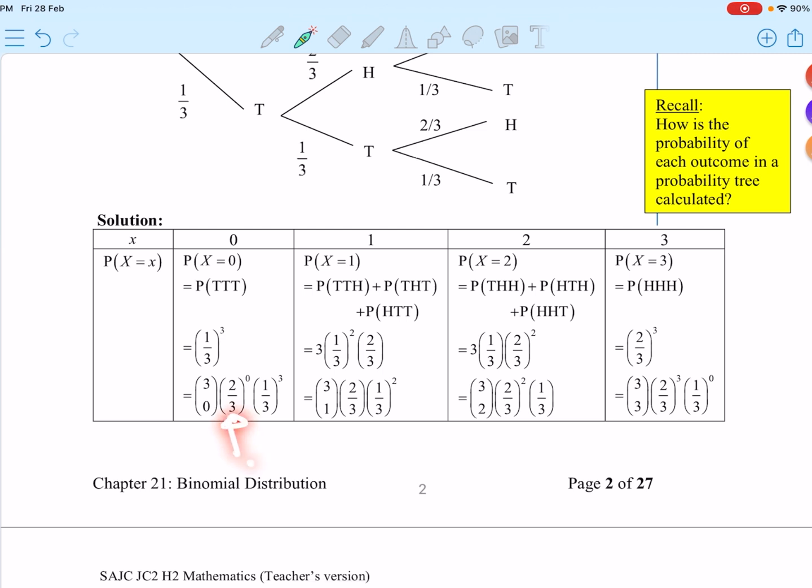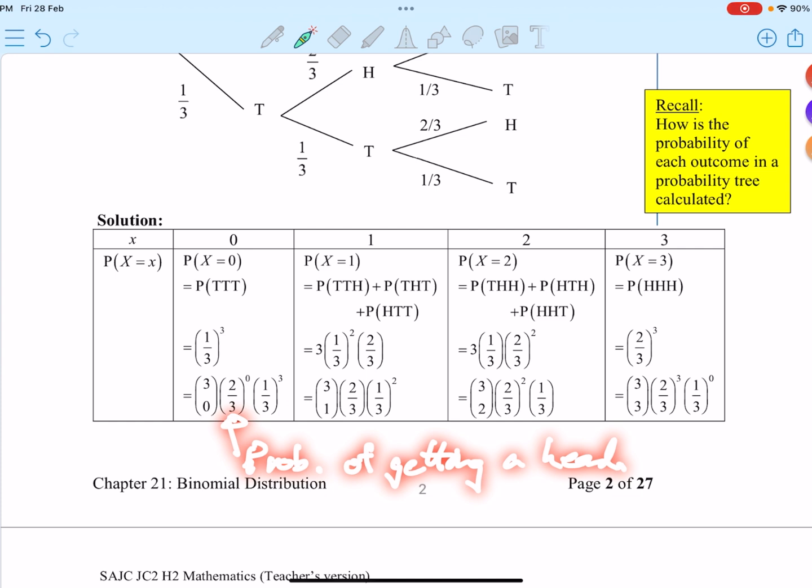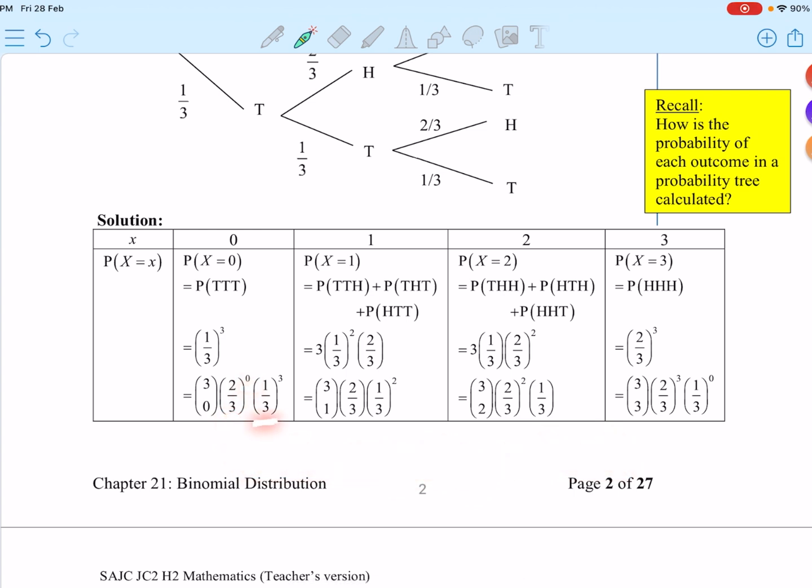The next one is 2/3, which is your probability of getting a head. In this case, there are no heads. It's 3 tails, so it is raised to the power of 0. The last one here is your probability of getting a tail. In this case, we have 3 tails, so the power is 3.